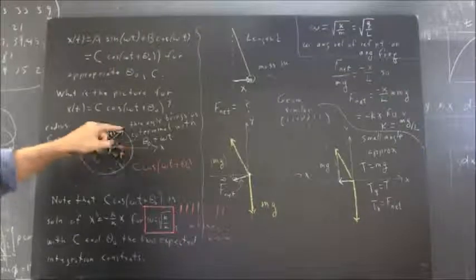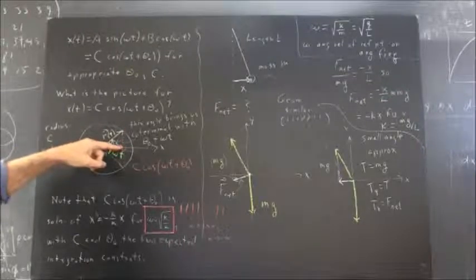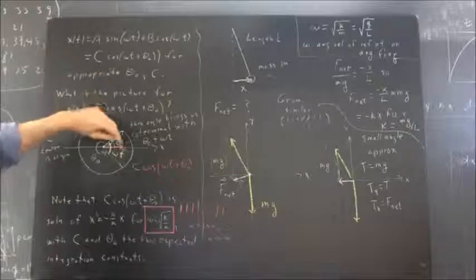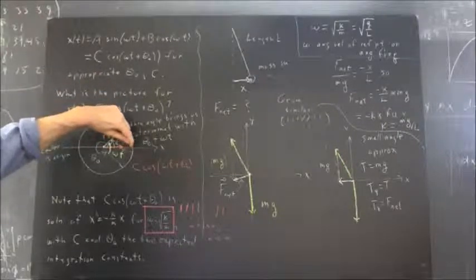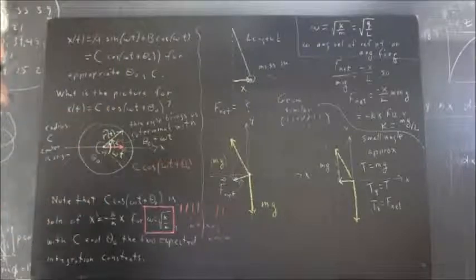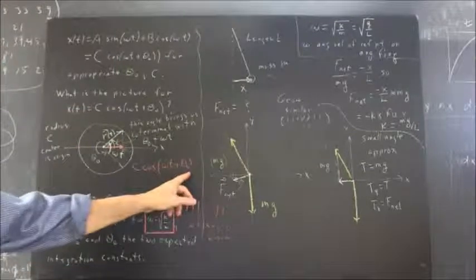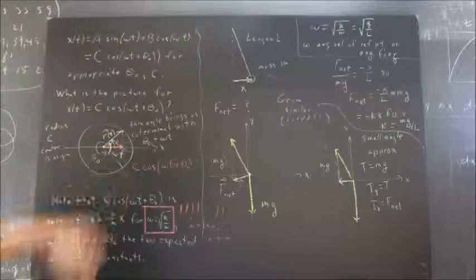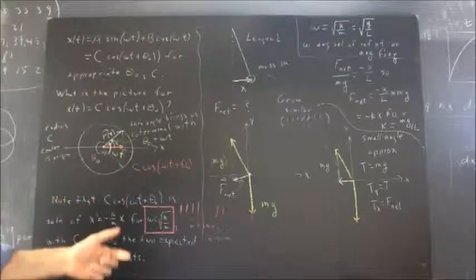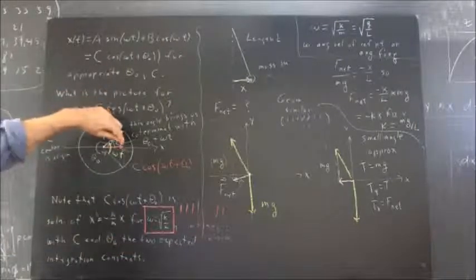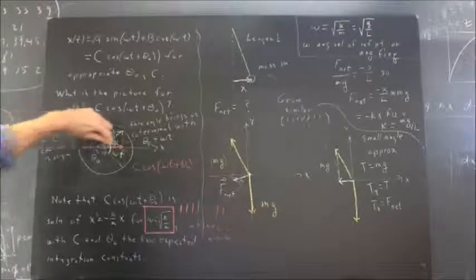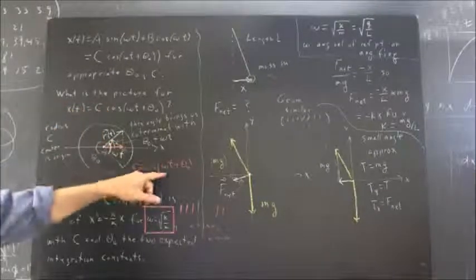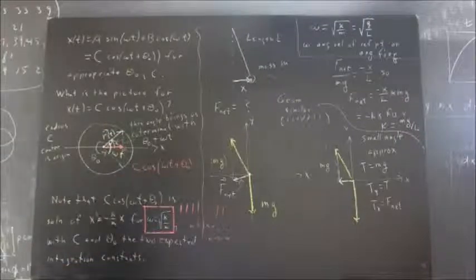So that between here and here, our projection is the position of the oscillator on the x-axis. We'll have gone from here out to here and back to here. c cosine of omega t plus theta naught is a model of that motion, a model of what we call simple harmonic motion, starting at this point, moving out to here, back to here, and so forth, with angular frequency omega.